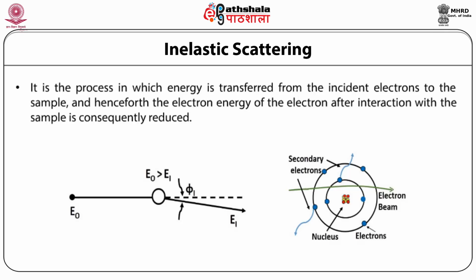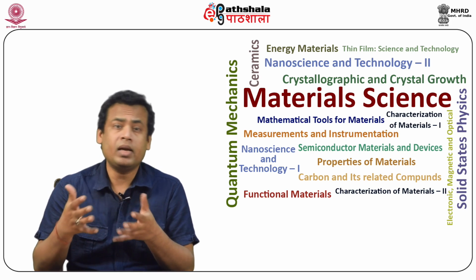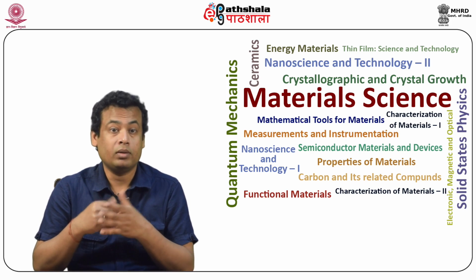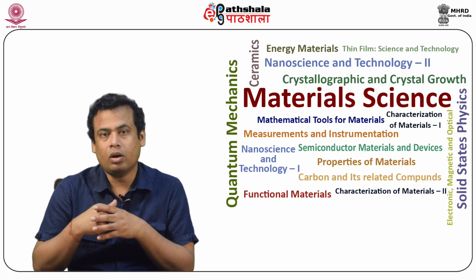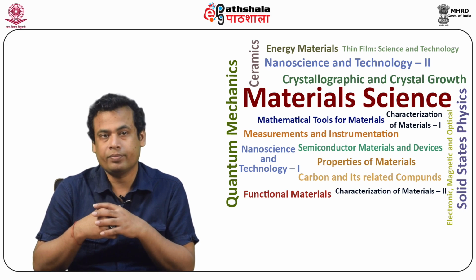The signals caused by inelastic electron-matter interactions are predominantly used in the methods of analytical electron microscopy. Secondary electrons. Several mechanisms of inelastic electron-matter interaction can lead to the ejection of secondary electrons, abbreviated as SE.